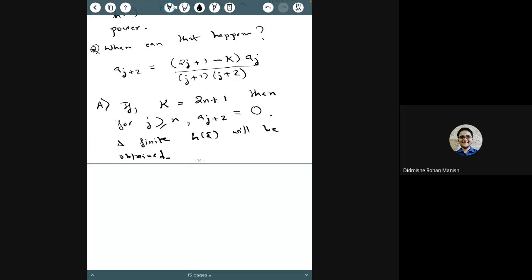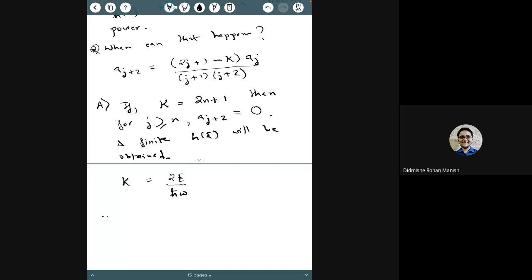Okay. Now let's recall what k was. So k was basically an energy. K was defined as 2E by h cross omega. So this is an energy.